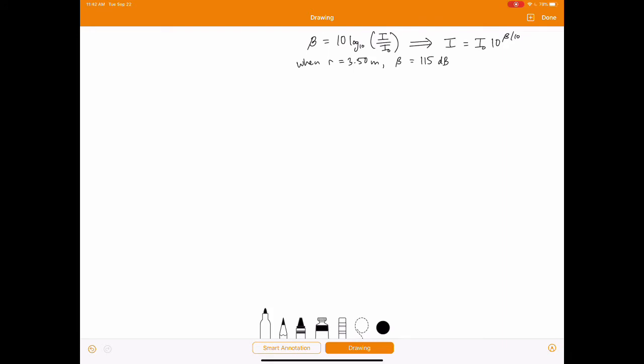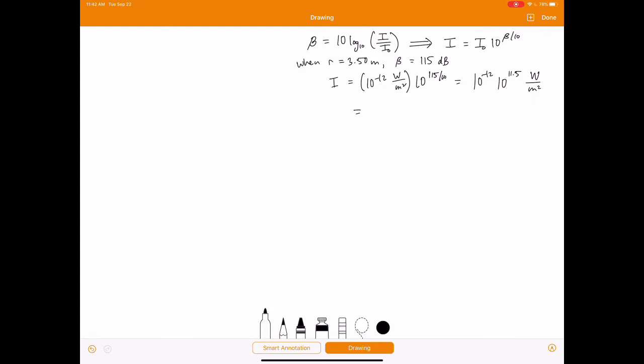Okay, so the corresponding sound intensity, I, is going to be I₀, 10 to the minus 12 watts per square meter, times 10 to the power of 115 over 10. And so we have 10 to the minus 12 times 10 to the 11.5. 115 over 10 is 11.5. And then we have watts per square meter.